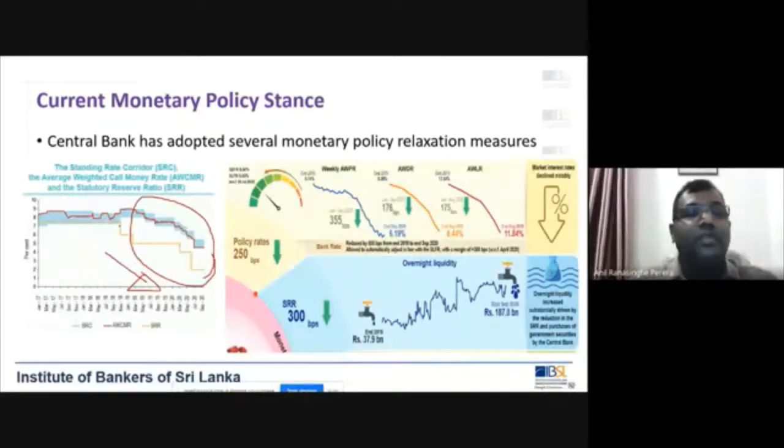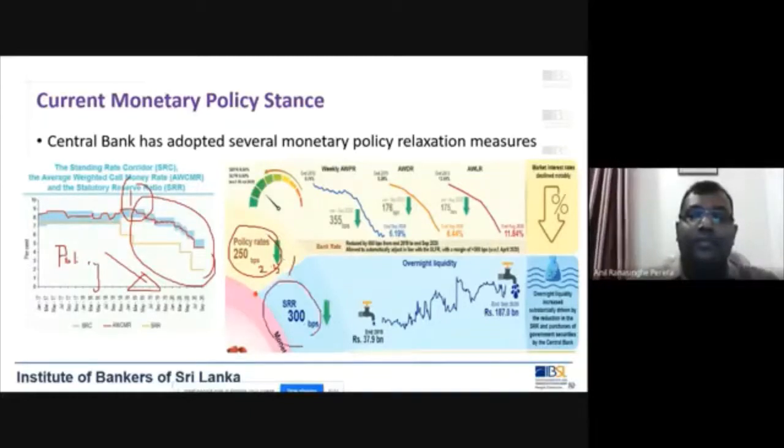In 2018, interest rates were around 7-8%. Now in 2021, interest rates are around 4-5%. Which means policy rates are reduced. That's one measure, right? Second measure, I think policy rates are reduced by 200 basis points, 250 basis points, which means 2.5 percentage points.